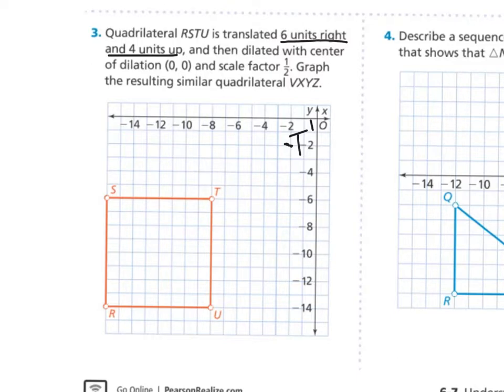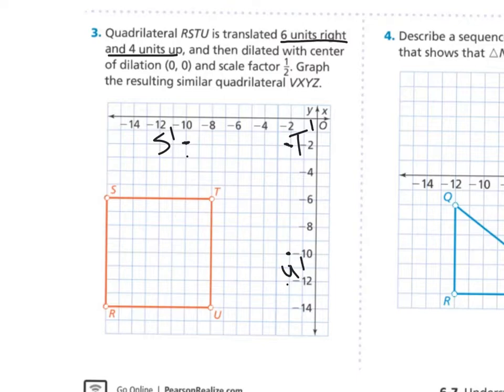S is at -16, so 6 to the right would be -10, and 4 up. Okay, and it should be in line with T if we did that correctly. Okay, and again, we're just translating it right now.